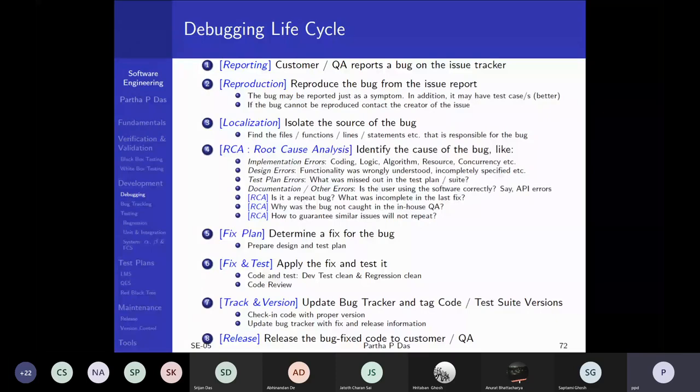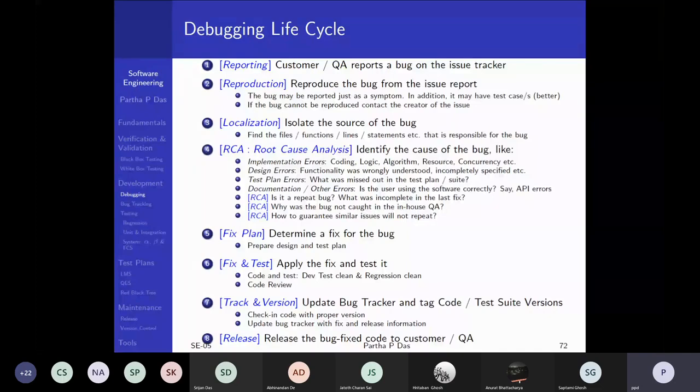If you look from that perspective, you see the whole cycle starts when you get an issue. Bug and issue are taken to be similar. Bug has a sense of negativeness, meaning that something is not working as it should.